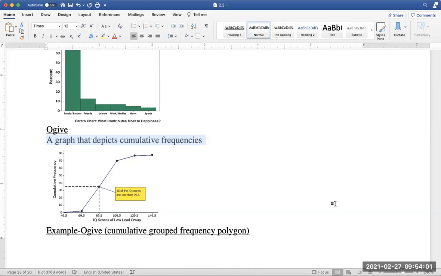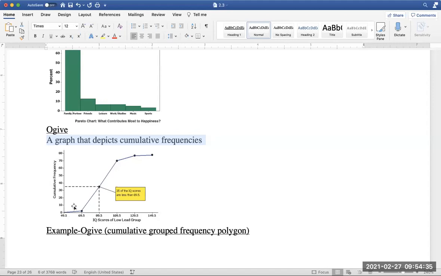If you split an Arabic arch in half, then that arch looks like an ogive of a normal distribution. If you look at the cumulative frequency curve for a normal distribution, it looks like an Arabic arch, which is called an ogive. And so we call all these ogives.